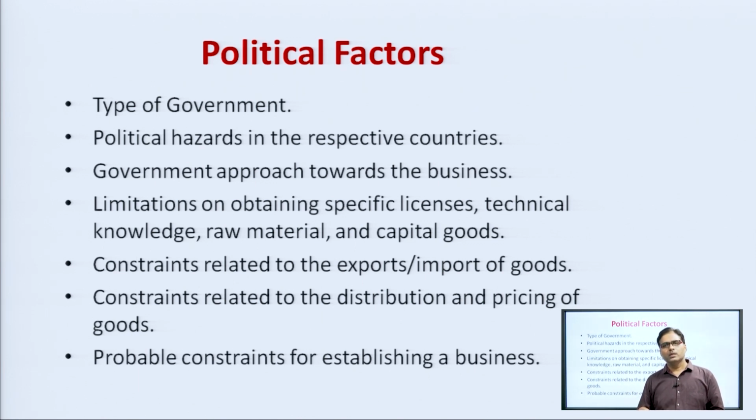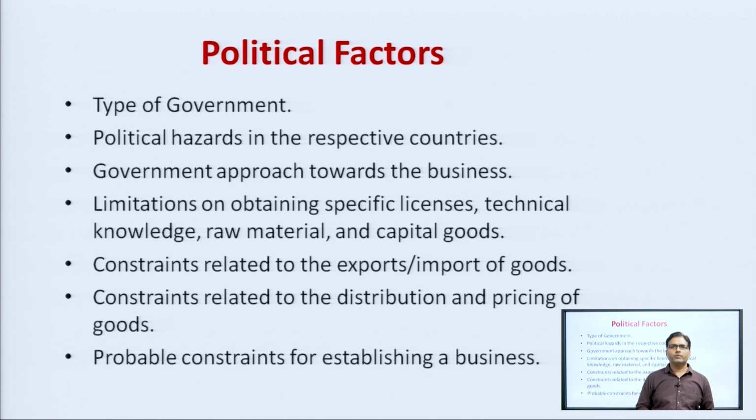Type of government means the government may be democratic, it may be autocratic, it may be leftist, where the social cause is the prime cause. So, there may be different types of government that run the nation differently, and the policies made by the government may be different from others. So, it directly affects the international business environment. At the same time, respective countries may have different political hazards.